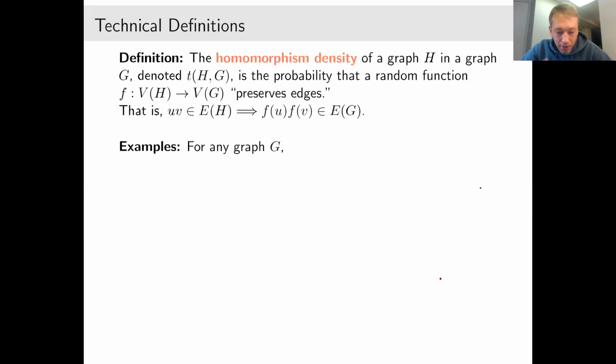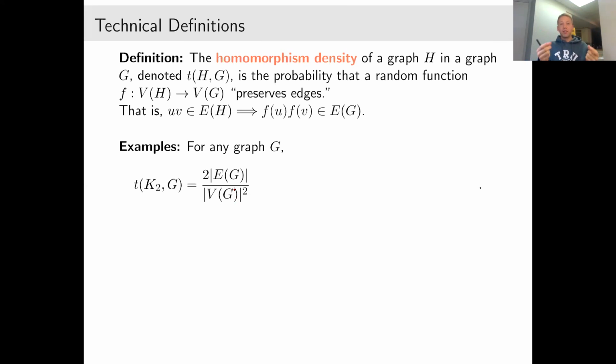Just a couple of examples to get used to this concept. If H is K2, what is the density of K2 in G? I defined this as a probability, but of course, everything here is discrete, so a probability is just counting. It's the number of edge-preserving functions divided by the total number of functions.